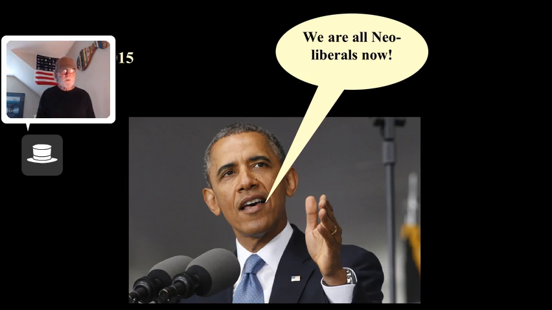That was the phrase people were using, a New Deal. Robert Kuttner, a political economist, wrote a book about Obama coming into office and being a transformational president. Didn't happen. Hugely disappointing for many people.